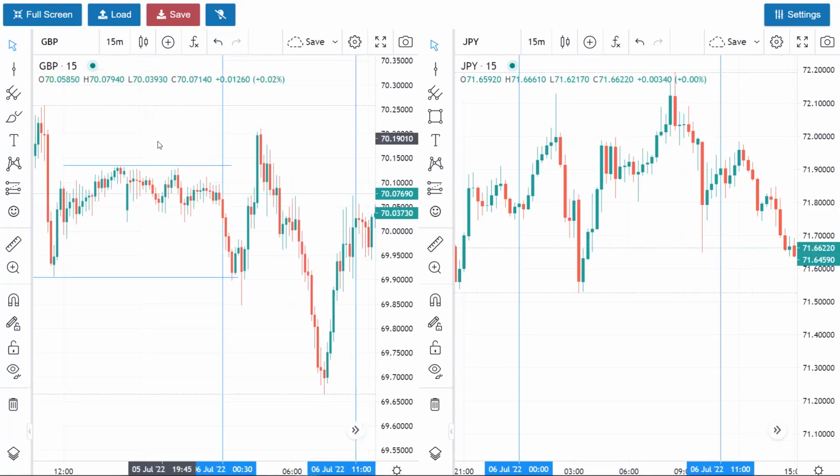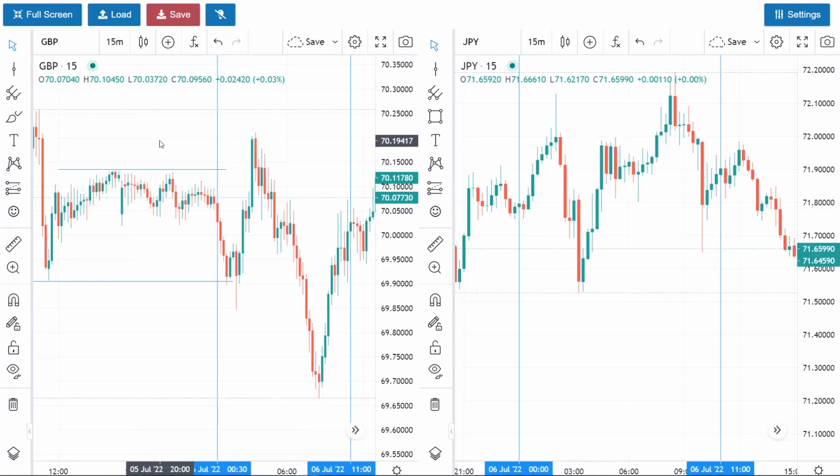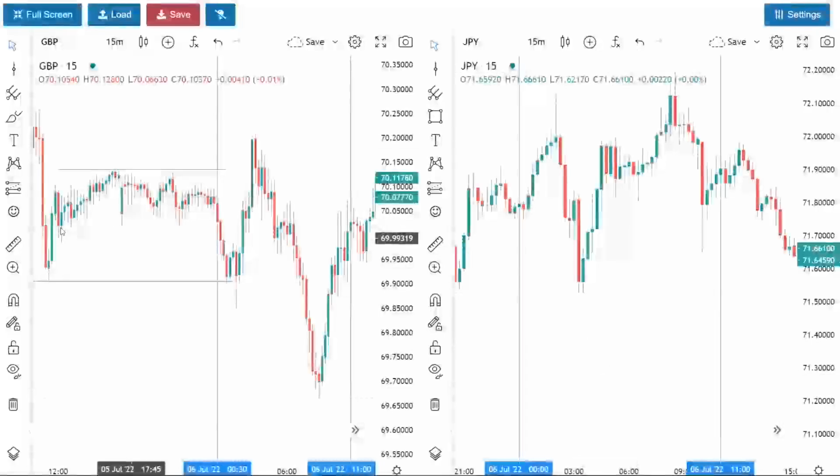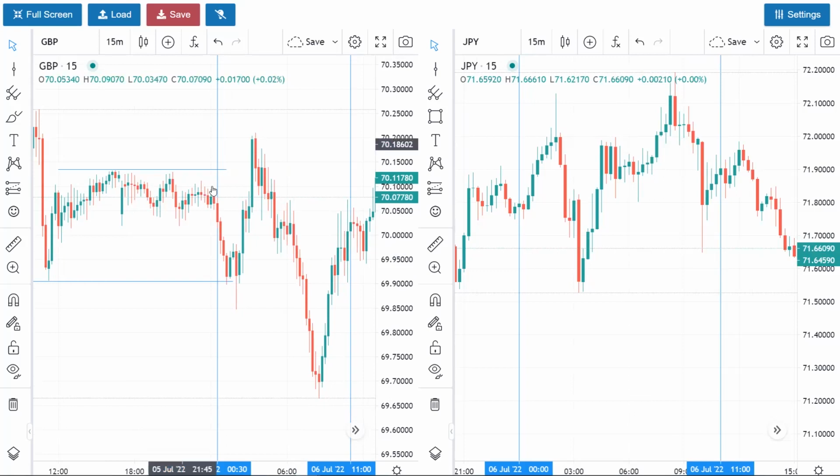Remember this. If these people want to make money on this day, they will manipulate price. That's why you need to look for a consolidating currency. You're not just going to enter anyhow. You look for a consolidating currency.